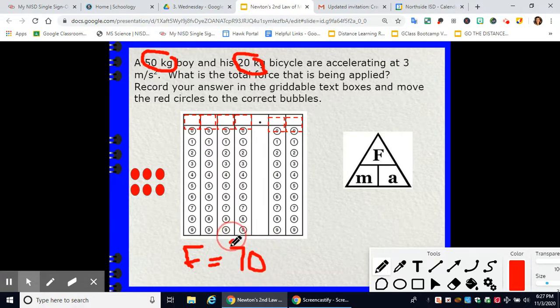I'm just going to put that in parentheses because I know I have to multiply my mass times my acceleration, right? My acceleration is 3 meters per second squared. So you would multiply your mass times the acceleration to get your net force.